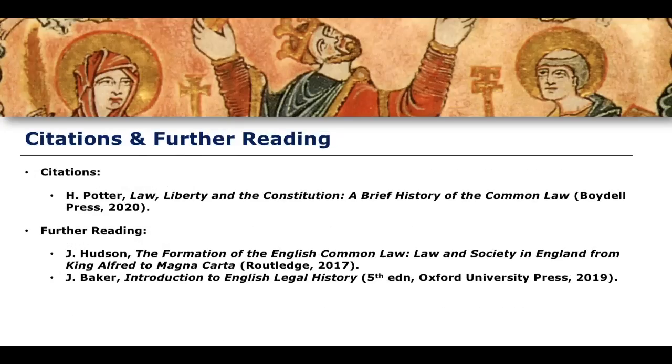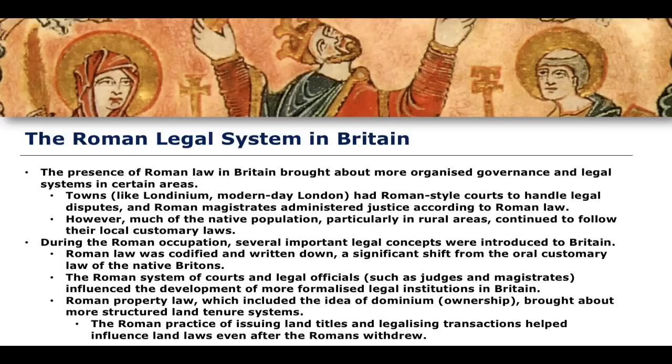So, as I mentioned at the start of this lesson, the common law wasn't a direct descendant of a Roman legal system that stayed, but you can still see some significant influences that remain even to this day within the English legal system that come from the Roman tradition and from Roman legal concepts. And that makes sense given the 400 years of occupation that we see within Roman Britain.